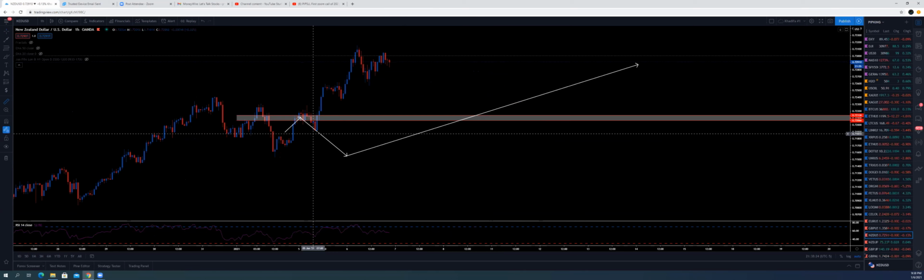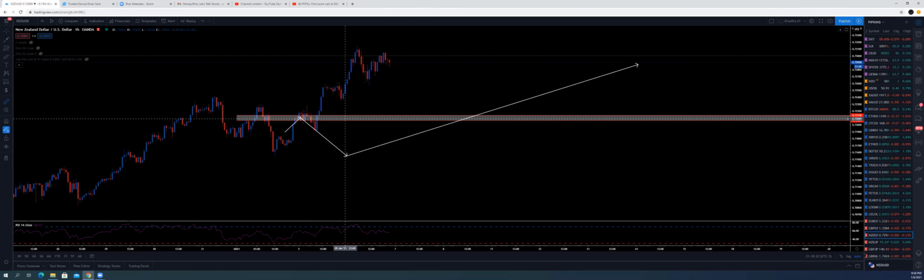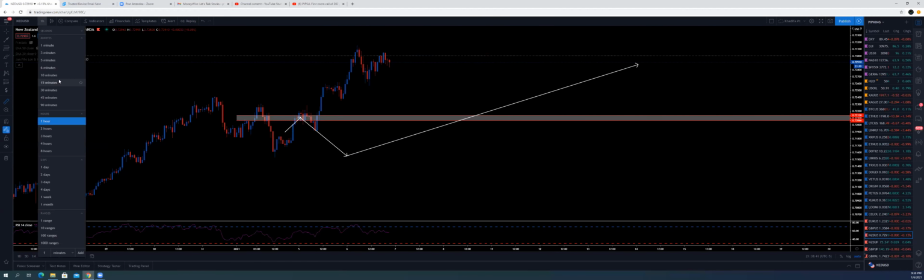So we did get a miniature pullback off the structure. However, price did break structure, and on the hour we didn't even get a retest, but if I go down to the 5 minute, you will see it. You might be able to see it on the 15 minute. Let me see.